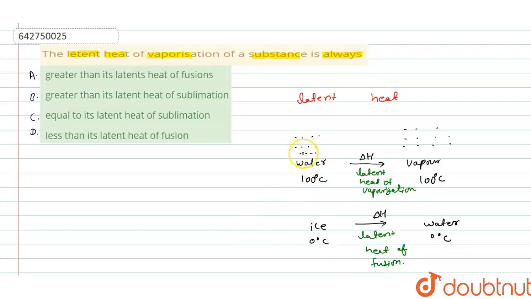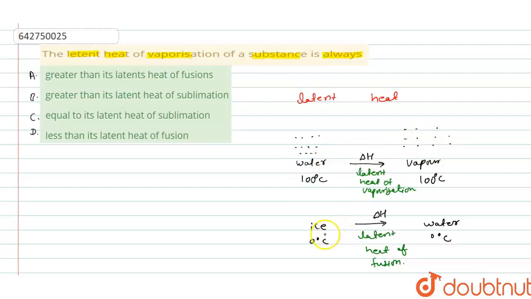In this case, there are water molecules and there is vapor. The molecules or atoms are going away from each other, that's why this is a vapor. So actually what is happening, this del H is used to break down the bonds between the water molecules to convert into vapor.